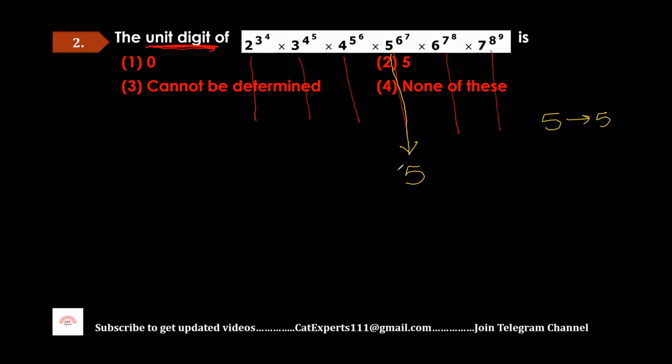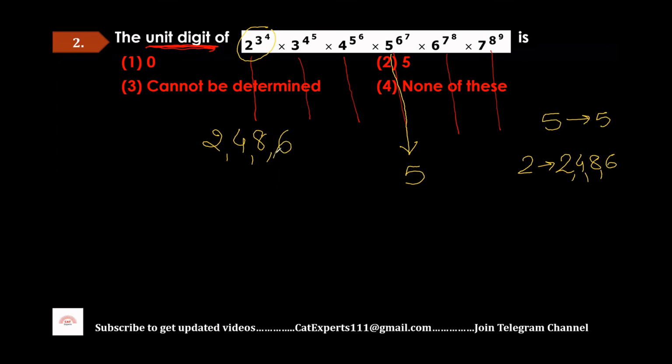Perfectly fine. What is the power cycle for 2? Power cycle for 2 is going to be 2, 4, 8 and 6. That means in the power cycle of 2, I will get only even numbers. So this number should end in either 2 or 4 or 8 or 6.